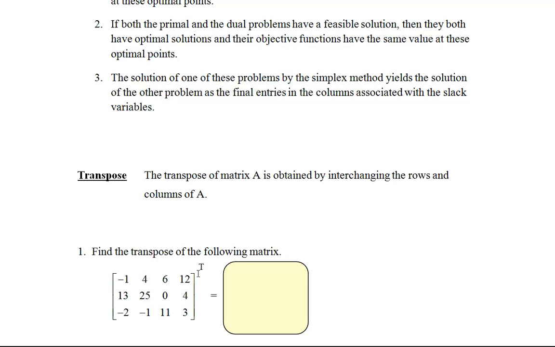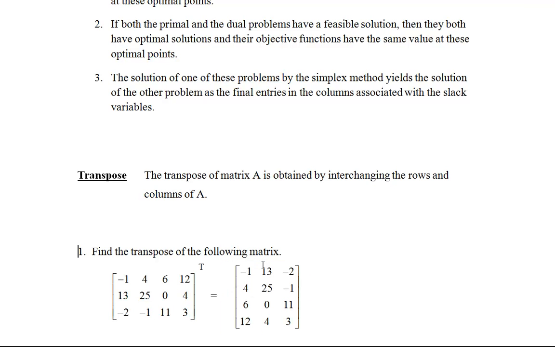But the transpose is asking you to interchange the rows and the columns. So the first row is going to become the first column, the second row is going to become the second column, and so on. It started out as 3 by 4. Notice it's 4 by 3 if we're interchanging rows and columns. So we've got to know how to do a transpose, so that's not too bad.